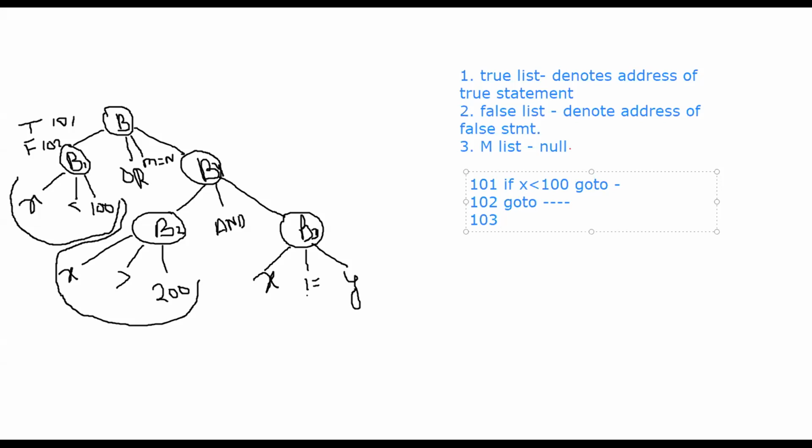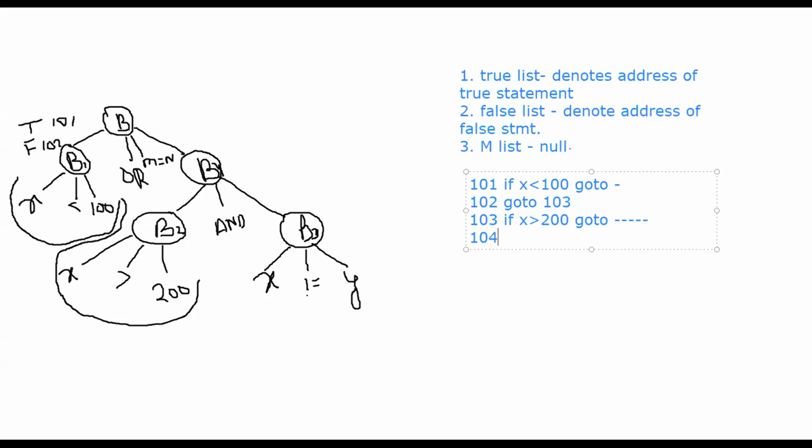The first condition, if x is greater than 200, is written at the line number 103. So I'll write 103 at this line number. Now complete this statement. If this statement is true, then go to blank, right?